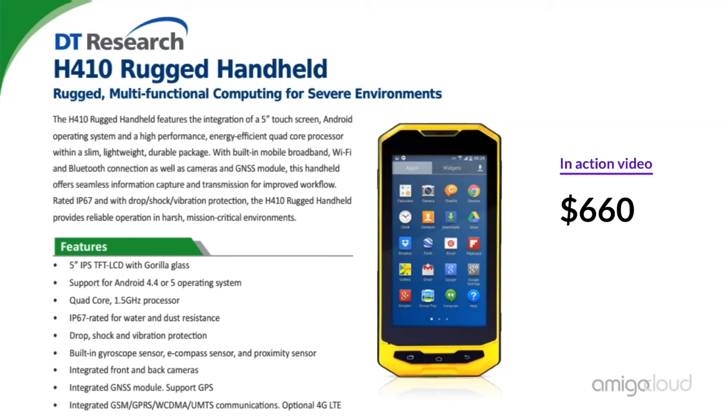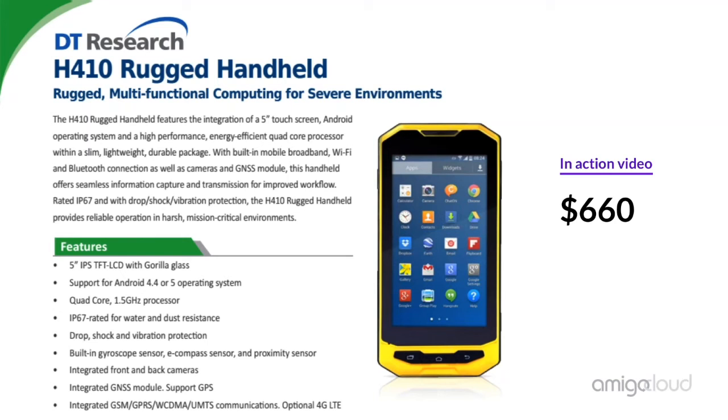Or if you're looking for something a little more rugged, this is one of the other vendors out here in the Bay Area, and there are many more. It's a rugged device. You can grab these things, drop them on the ground, throw water on them. They're very durable.